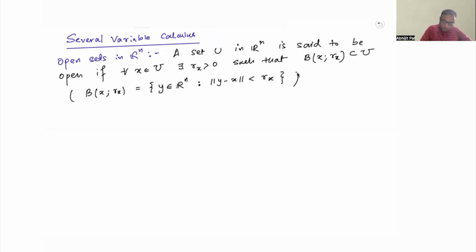Now we are going to give the definition of directional derivative.